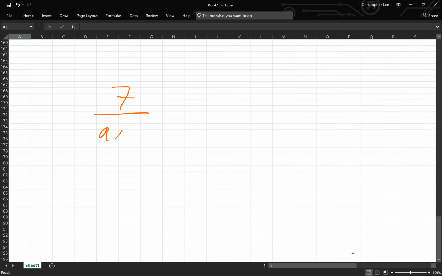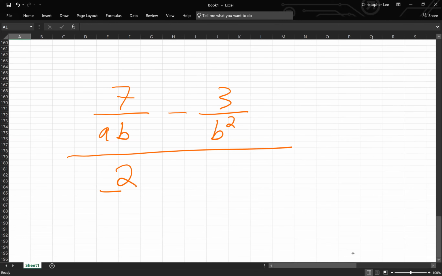AB, and B over, like this? Divide two over A to the second power, positive 7 over B. All right, not bad, right?